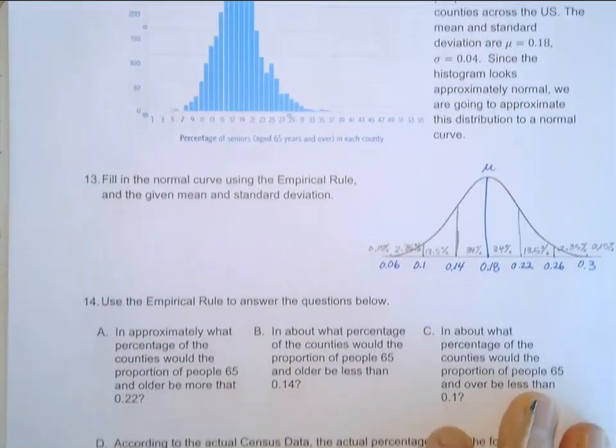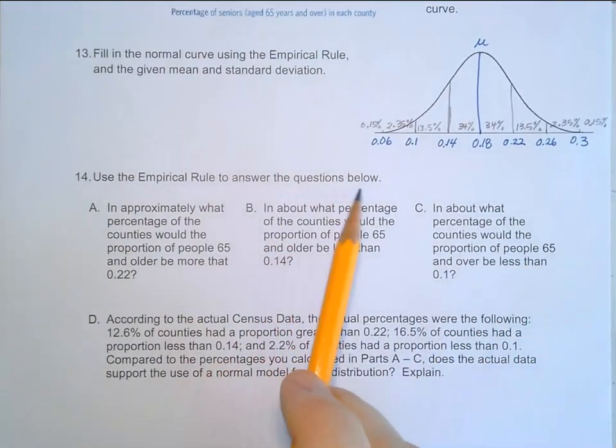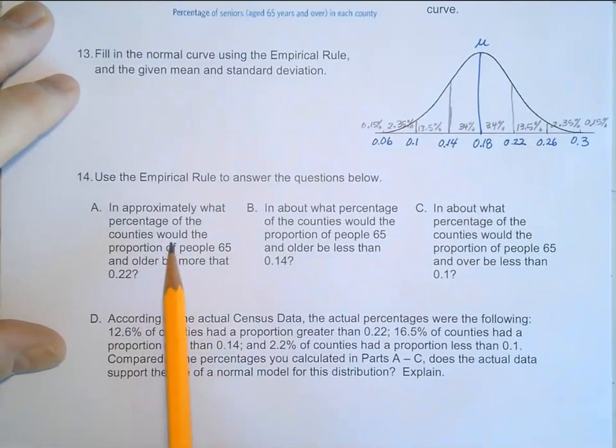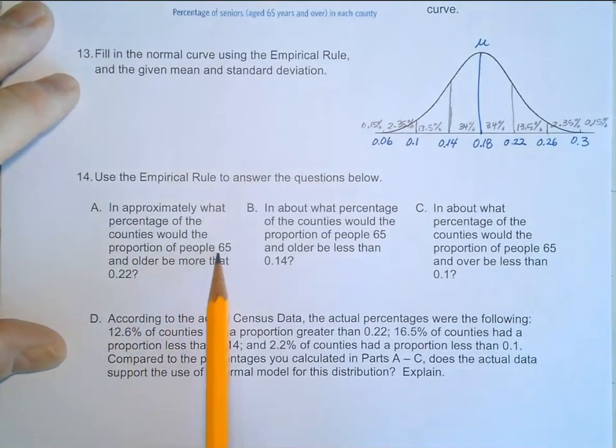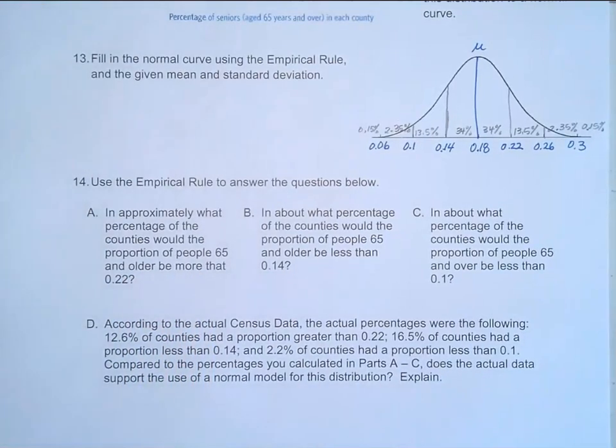Okay, so I'm going to bump this up here quite a bit. Use the empirical rule to answer the questions below. In approximately what percentage of the counties would the proportion of people 65 and older be more than 0.22?